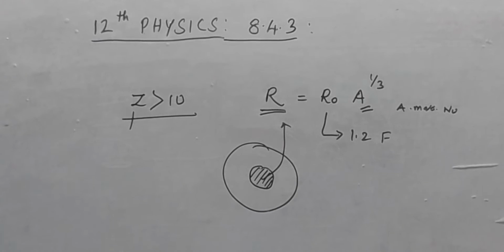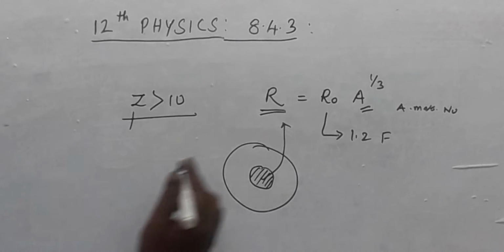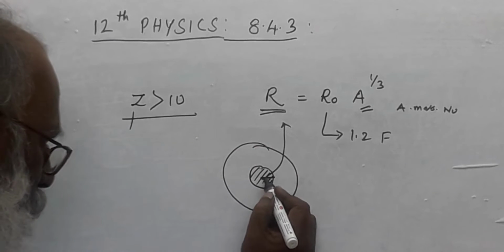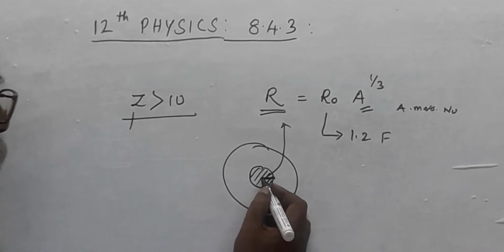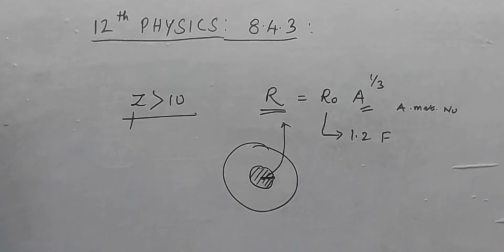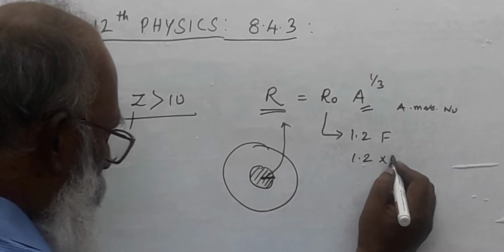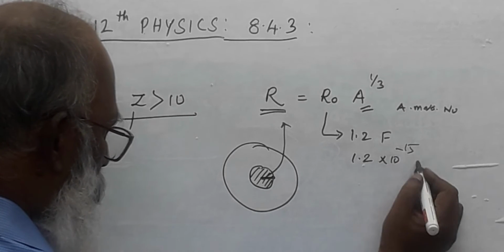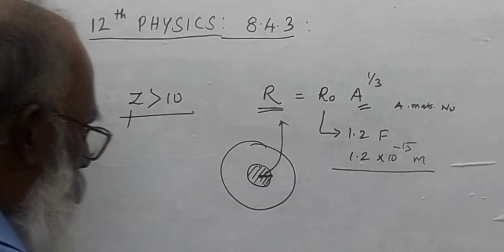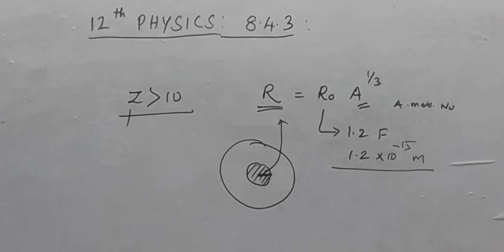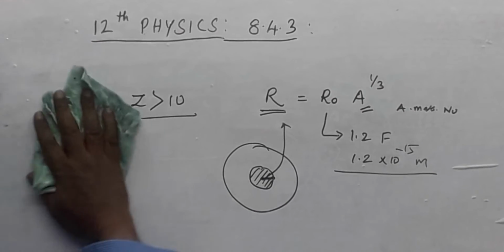Now this R represents the radius of the nucleus, not the radius of an atom. R naught is a constant value, that is 1.2 Fermi or 1.2 into 10 power minus 15 meter. This is what is called nucleus size.